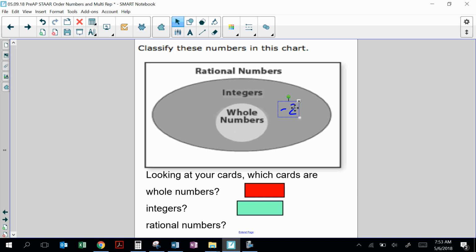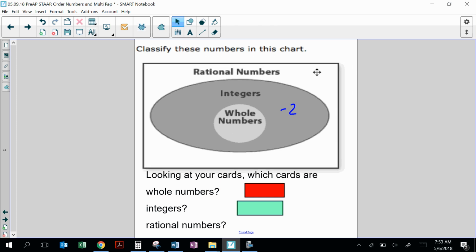Yes, because integers are positive and negative whole numbers. But can it also be a rational number? Yes, it can. So it can go in more than one place. It can be an integer and a rational number because this bag fits into the integer bag. So whole numbers are integers, and whole numbers and integers are rational numbers.